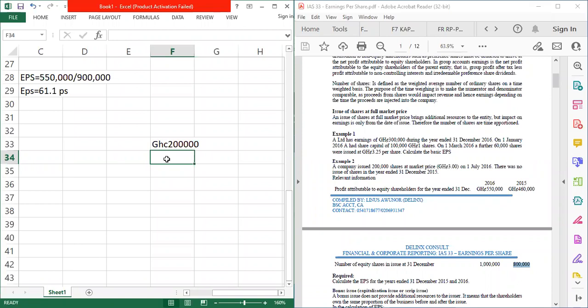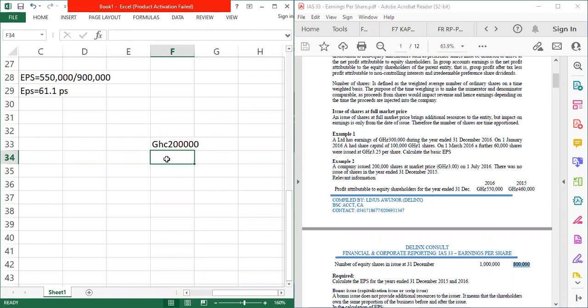So for a bonus issue, we don't do anything. Even if it is done at the end of the year, it will take the full year, because the retained earnings have been there from the beginning of the year to the end. So we don't do anything like time apportioning the bonus issues.